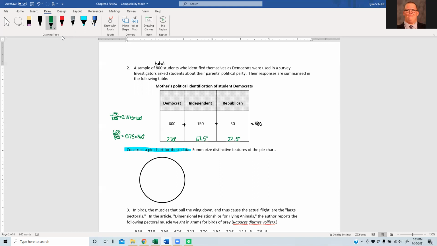Okay. So now I can go through and draw my categories. Okay, so here's going to be Democrats. I'm going to try to make it as nice as I can.